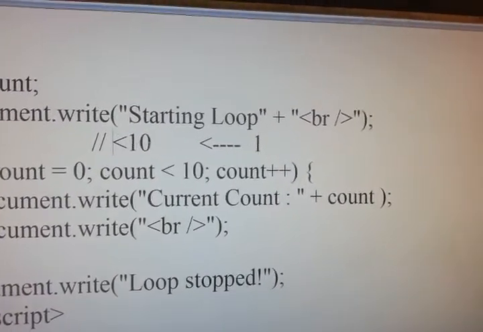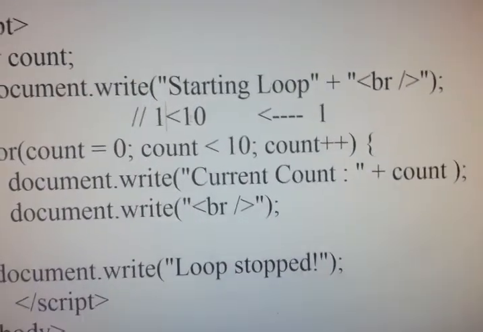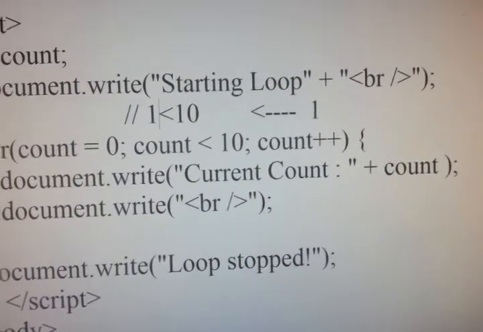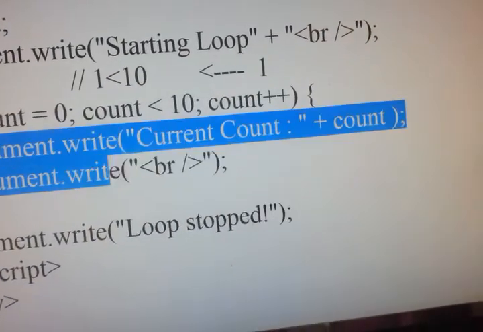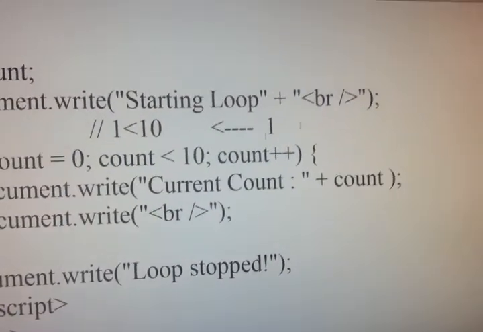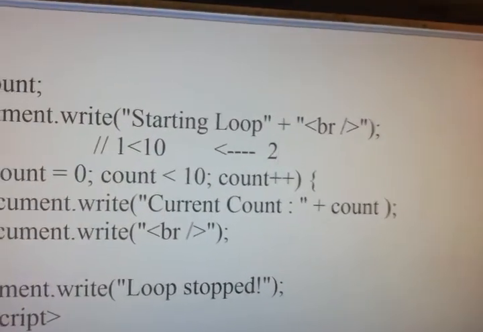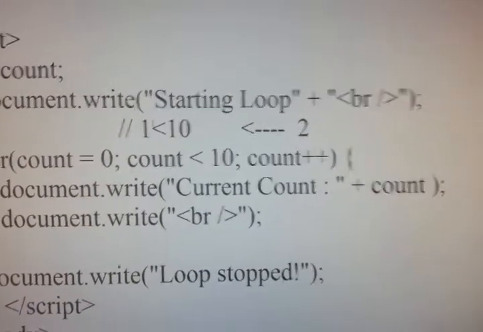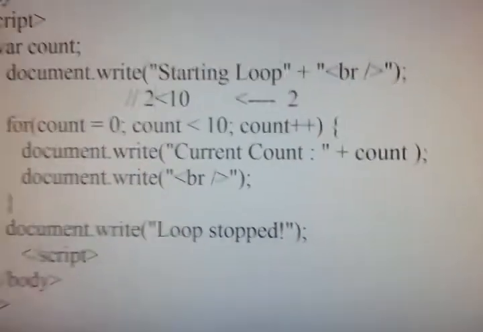Condition 1 less than 10, condition true. This will be executed, and this count is incremented. It will become 2.